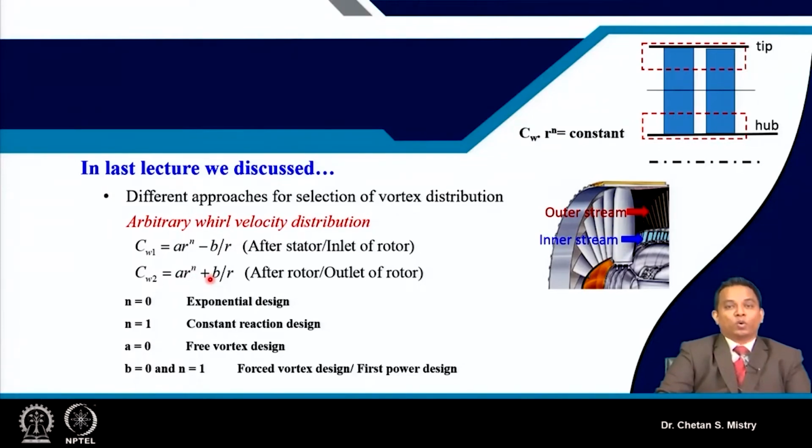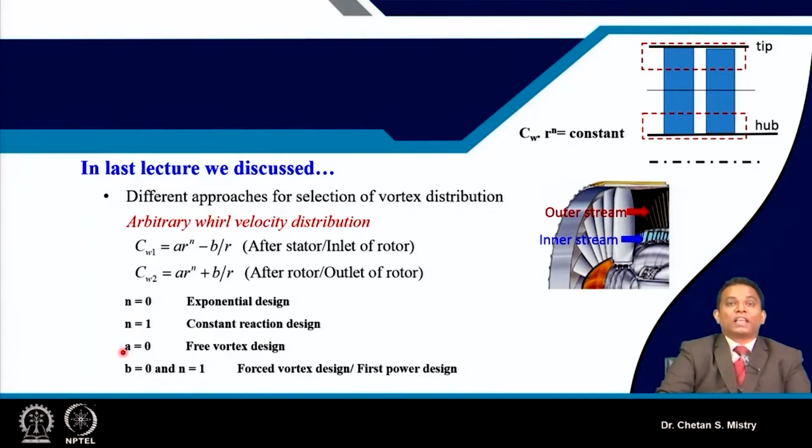Here also we are taking different values for the exponent. As discussed in the last lecture, when n equal to 0, the design approach is called exponential design. When n equal to 1, we refer to it as a constant reaction design.